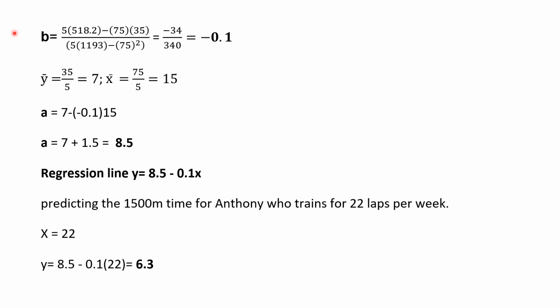Now, if you recall, I said you need to calculate the slope of the regression line, that is the B, before you calculate the y-intercept, which is the A. So it's B before A, right?